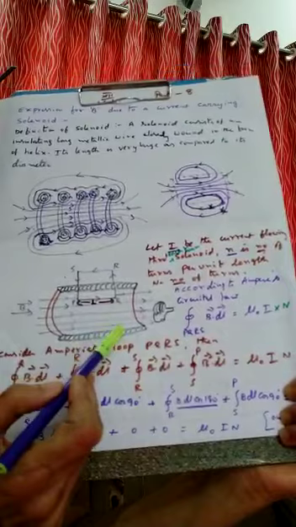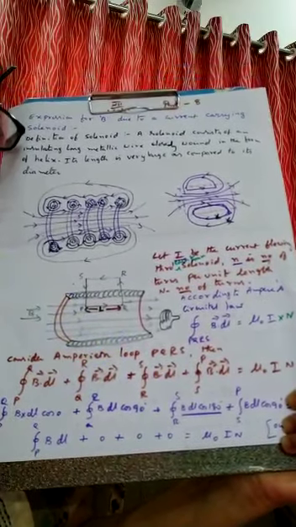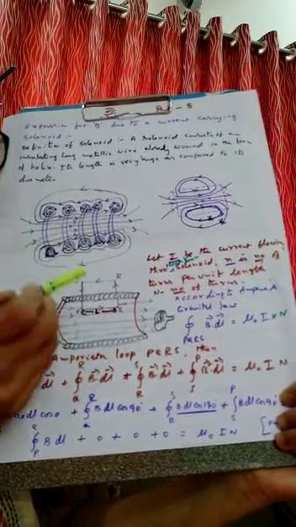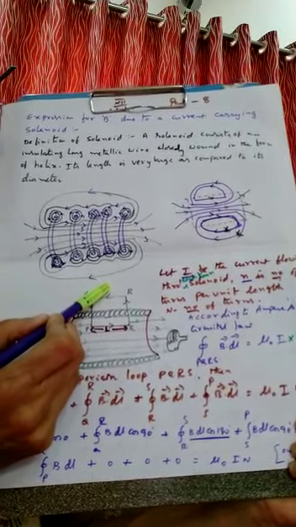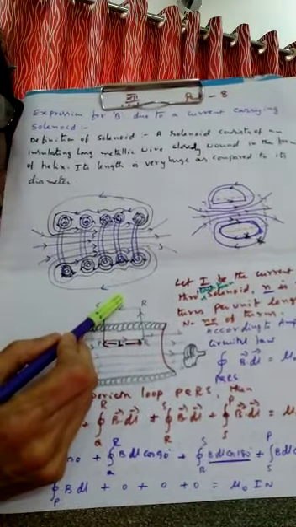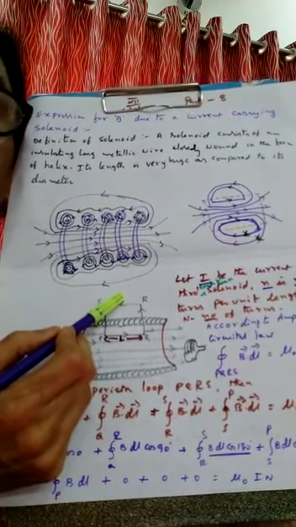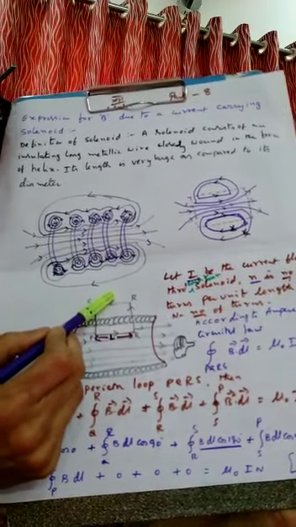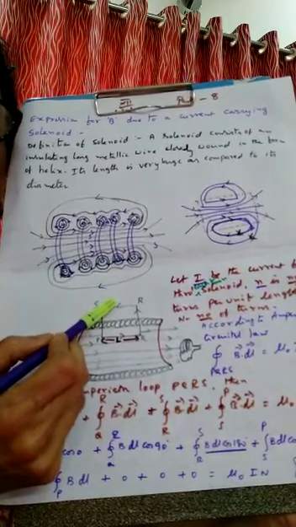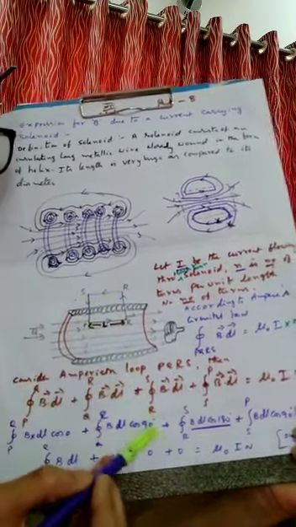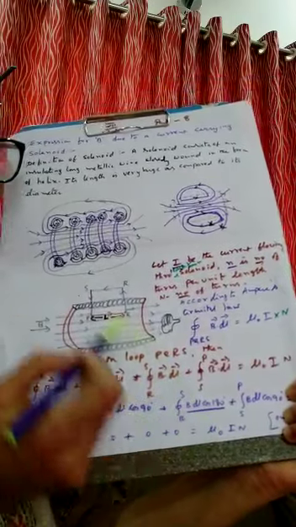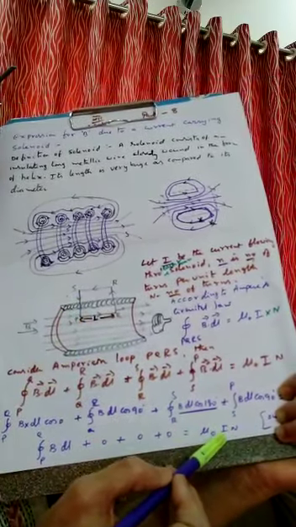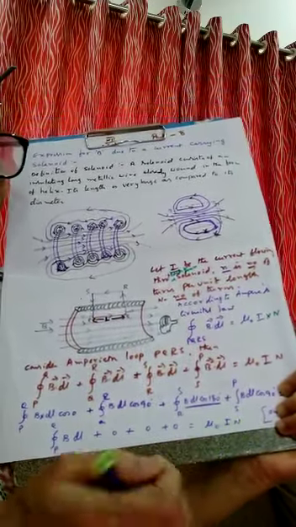Cos 180 is minus 1, but I write 0 because, as I just explained, outside the solenoid the magnetic field B is 0. Of course integral dl is not 0, but B is 0. That is why B dot dl is 0 in the third case. In the fourth case again it is 0 because of cos 90. So we get mu naught I into N.